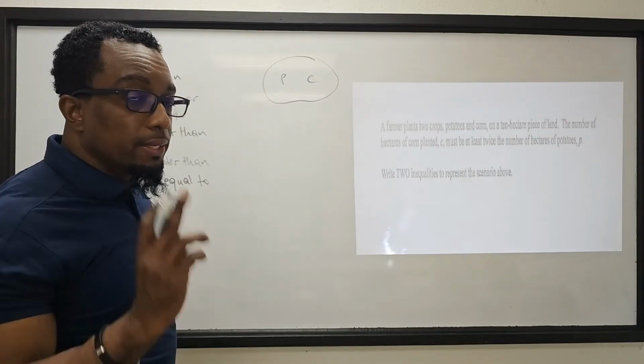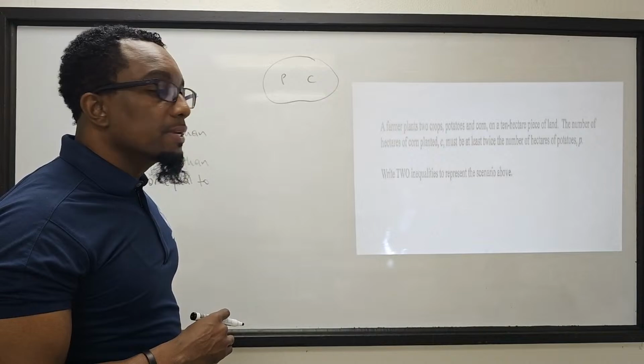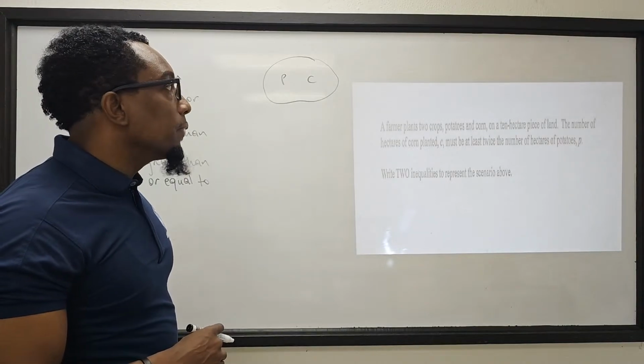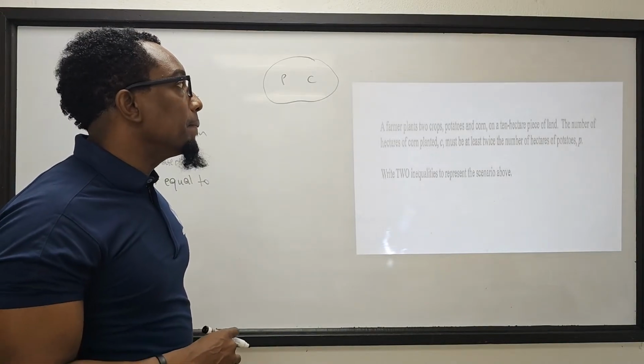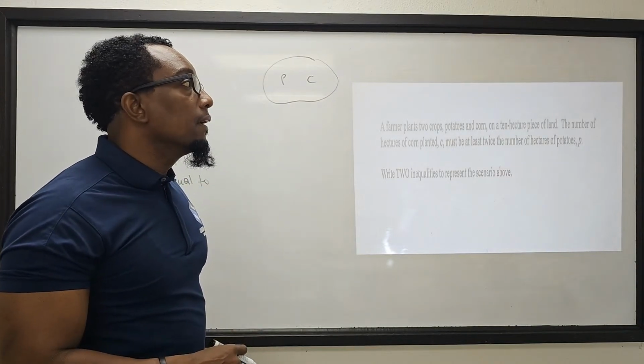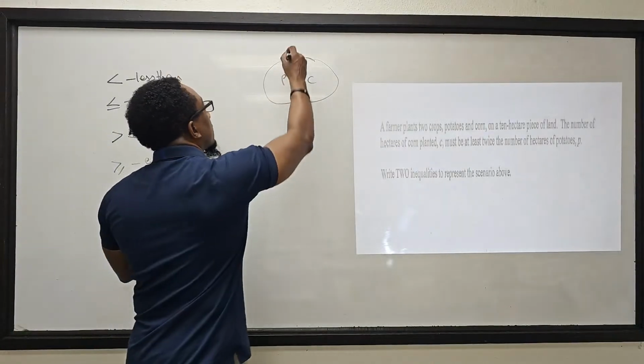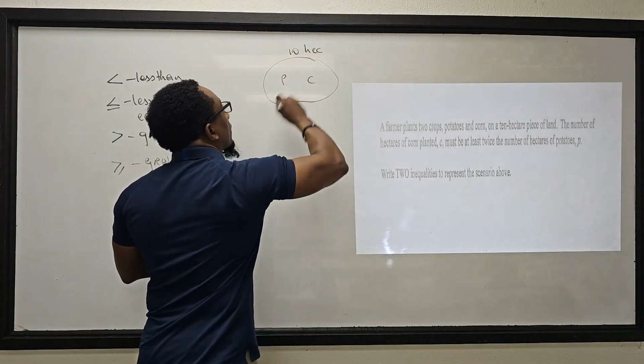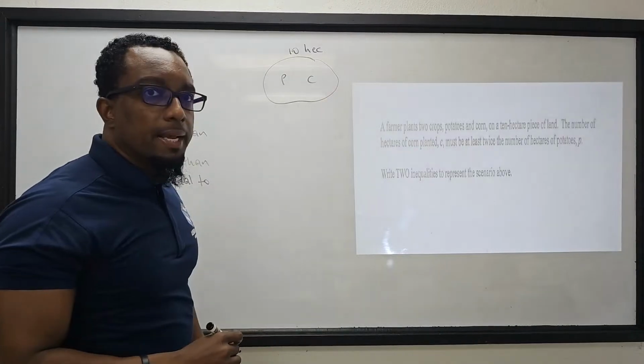Write 2 inequalities to represent the scenario above. So we start with the farmer planting potatoes and corn on a 10-hectare piece of land.